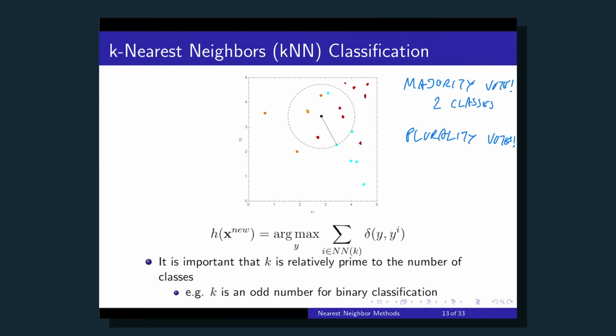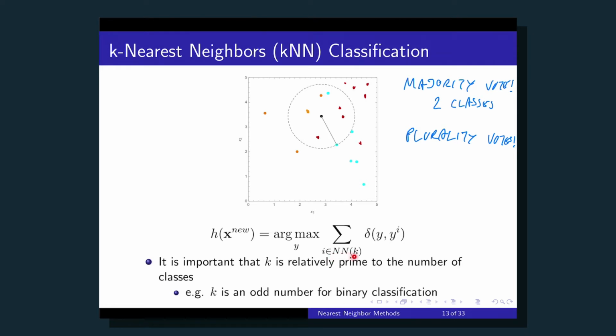So in this case, the correct classification would have been red, because although it doesn't have the majority, it has the highest number of representatives inside the neighborhood of our new point. So that's what the argmax is. You find the argument, in this case a label for this new point, that maximizes the total agreements between the label you picked and all the other labels within the neighborhood.